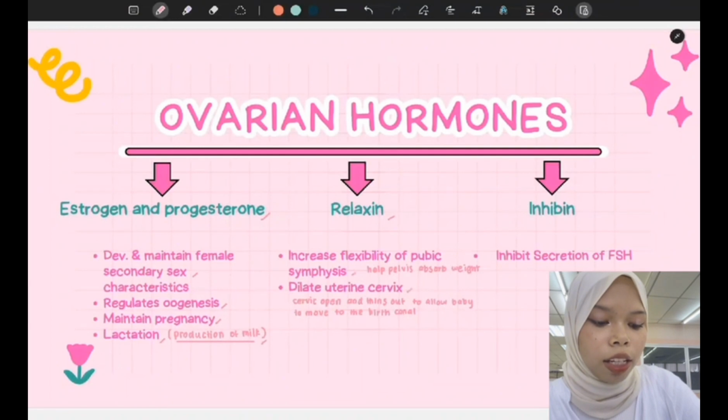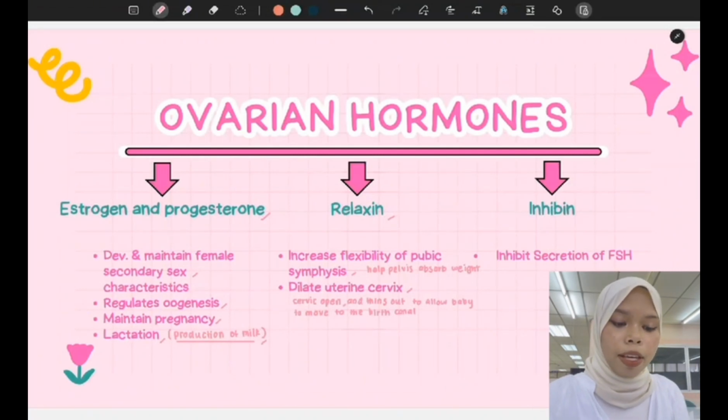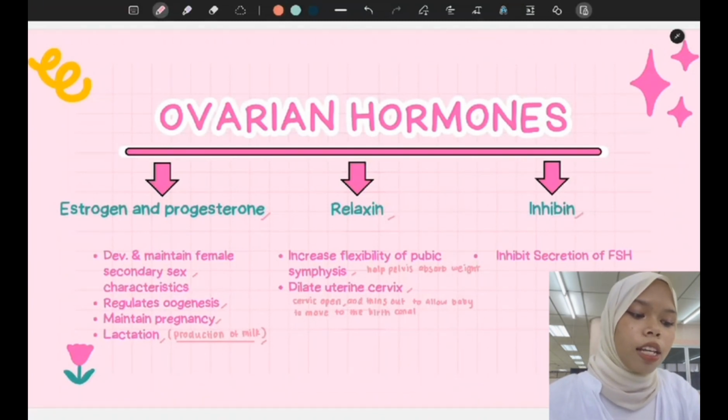Then it dilates the uterine cervix. This is for the first stage of labor, where the cervix opens and thins out to allow the baby to move to the birth canal. While inhibin inhibits secretion of FSH.